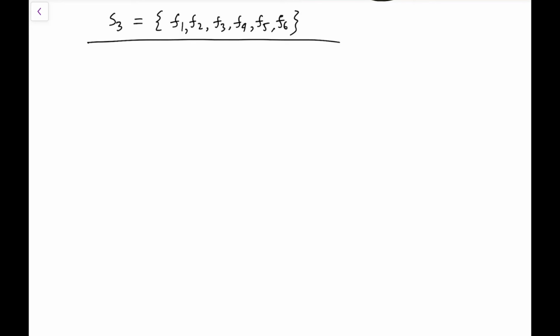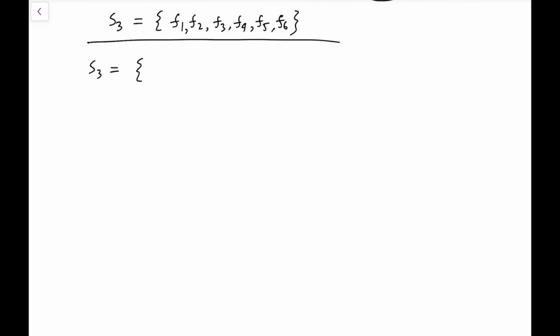So in this fashion, for the 6 elements of S3, we wrote the elements as f1, f2, f3, f4, f5, f6, like this. In cycle notation, we can explicitly write the elements of S3.